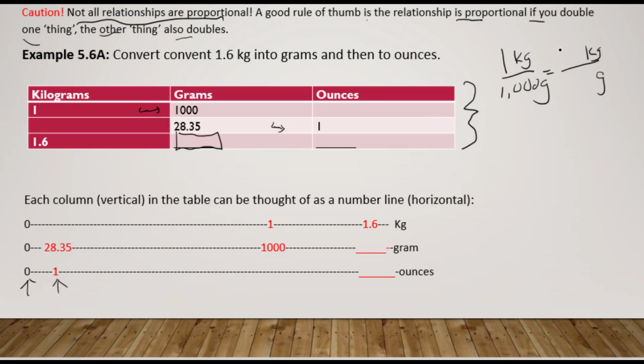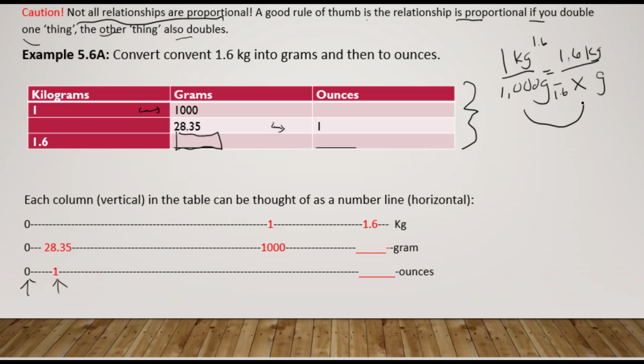So here I know I have 1.6 kilograms, and I want to find out how many grams. Now, a quick way to do this is, how do I go from 1 to 1.6? Well, 1.6 times 1 is 1.6, so I can save myself from having to cross multiply and divide. If I multiply the numerator by 1.6, I can multiply the denominator by 1.6, because 1.6 over 1.6 is 1, and if you multiply any number by 1, you get the same number back.